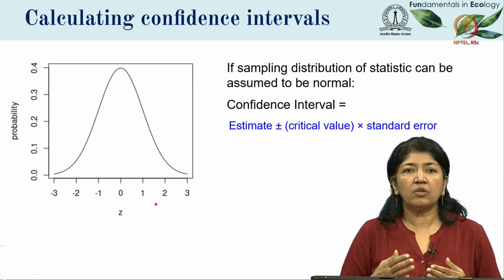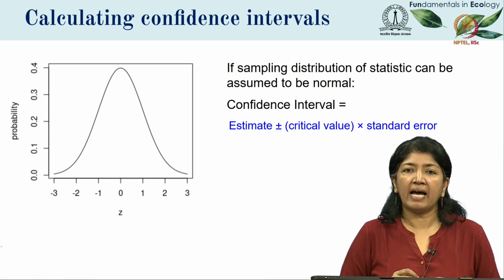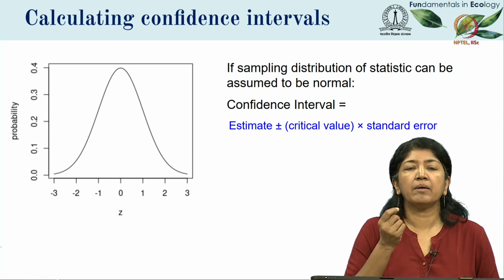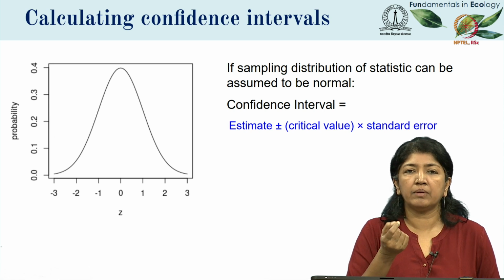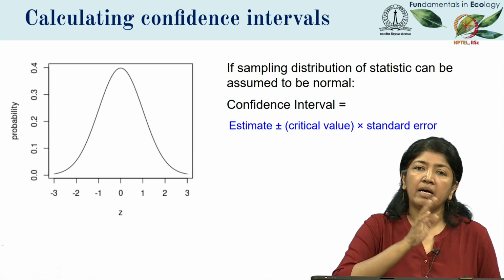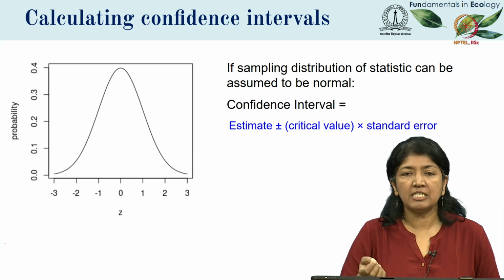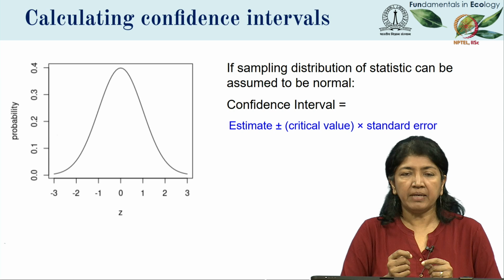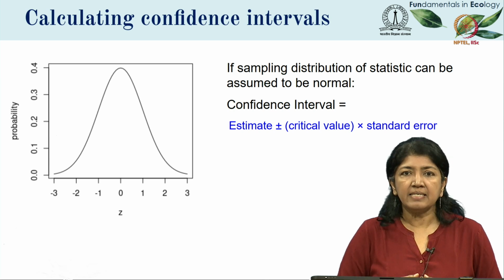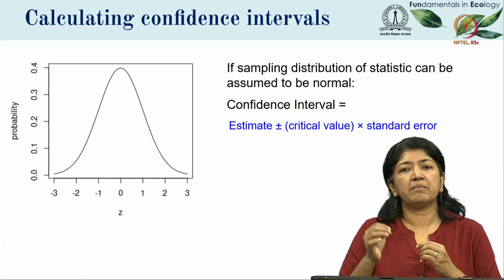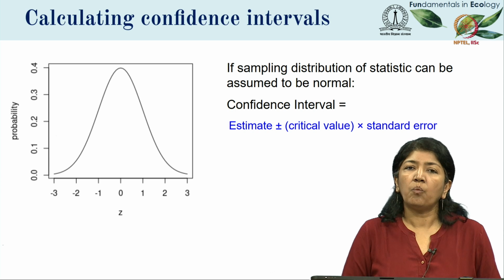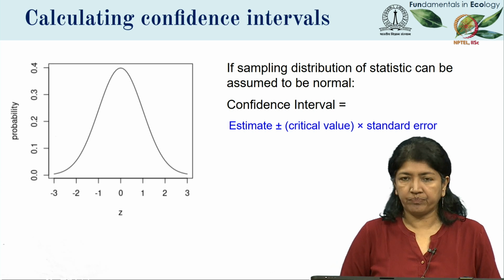We then calculate the confidence interval as our estimate, say the mean difference between large and small habitat patches in species richness. So, the estimate plus or minus the critical value times the standard error. What is this critical value?